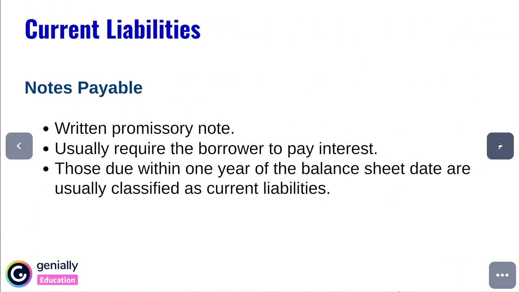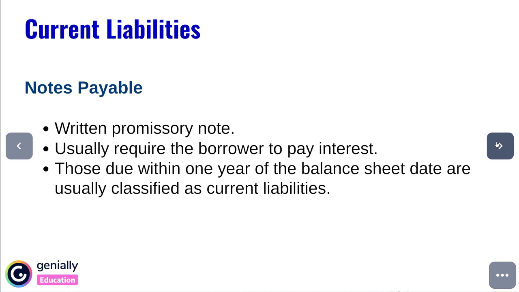Let's look more at what notes payable means. Notes payable is a written promissory note, a contract in which you promise the lender or creditor, for a short period of time, to pay the principal amount and also the interest for a specified period.